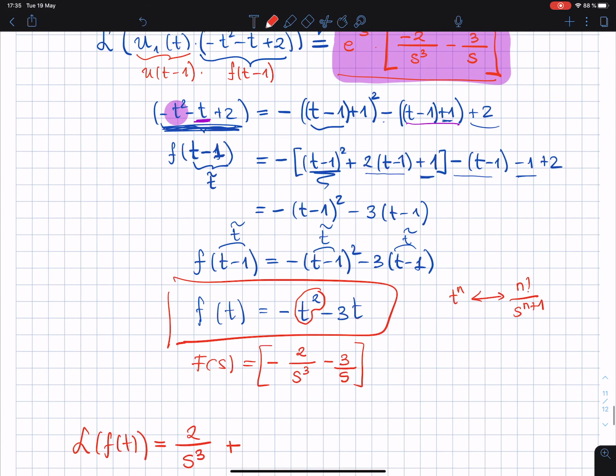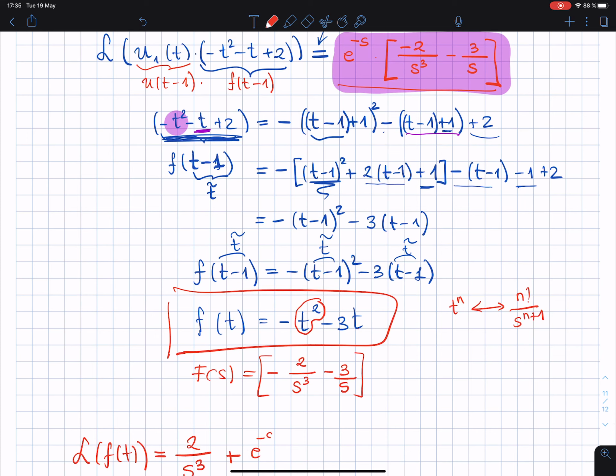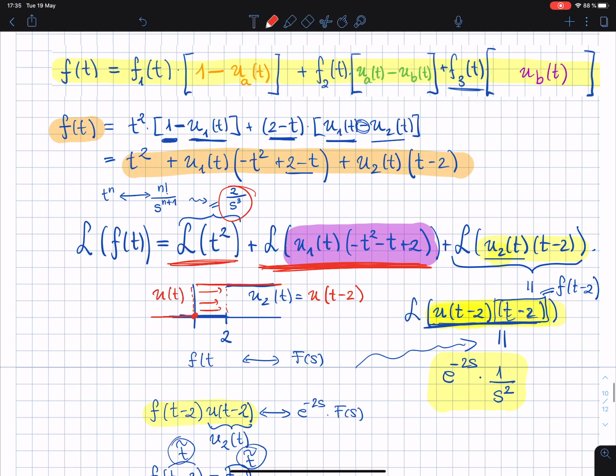So let's copy it. e to the minus s times minus 2 over s to the power 3 minus 3 times 1 divided by s, plus this last term that we computed first because it was a little bit easier, which was equal to this.